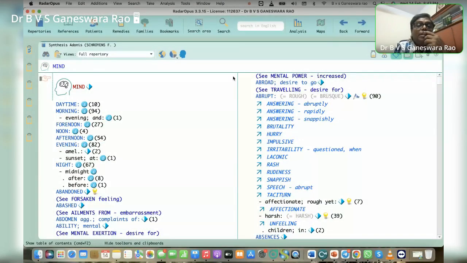The idea of combining rubrics, because in a given case, for example, if a patient tells you or you find that the patient lacks confidence, let us see that.